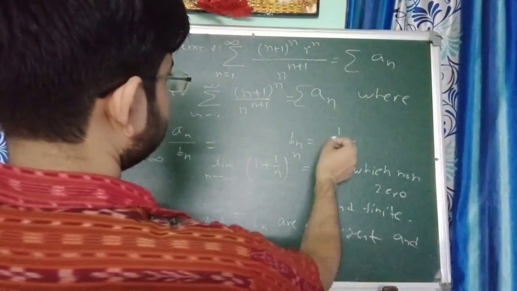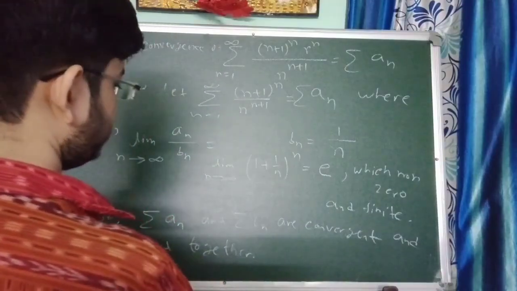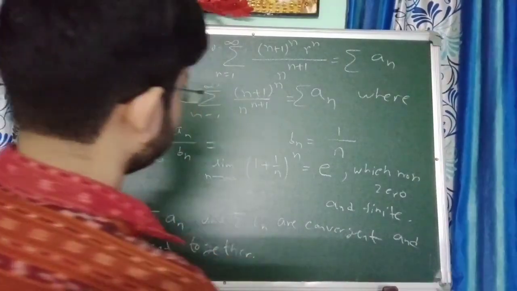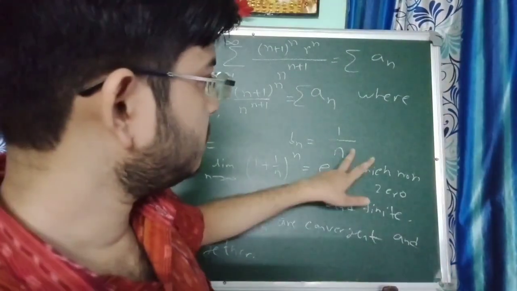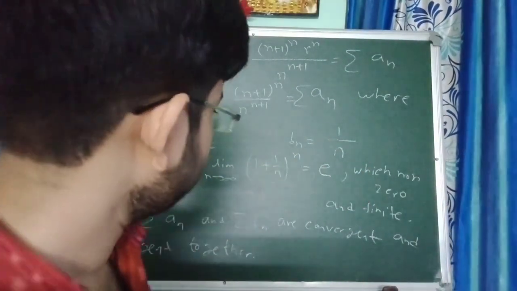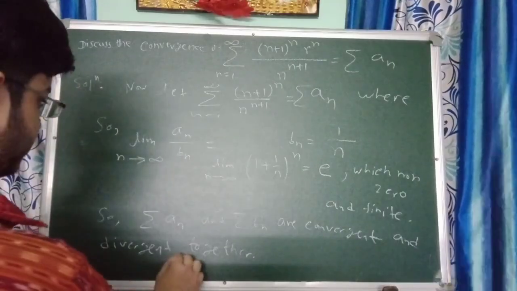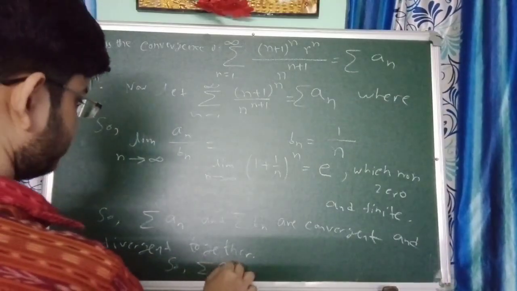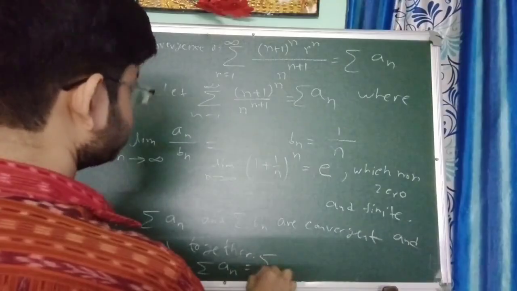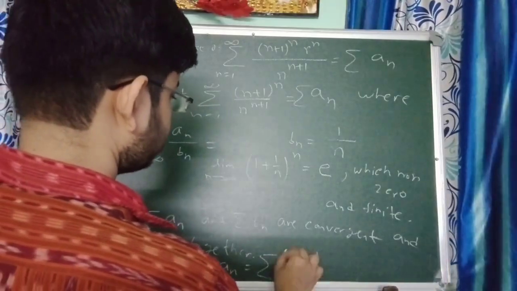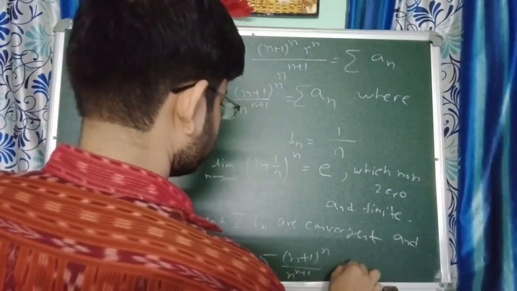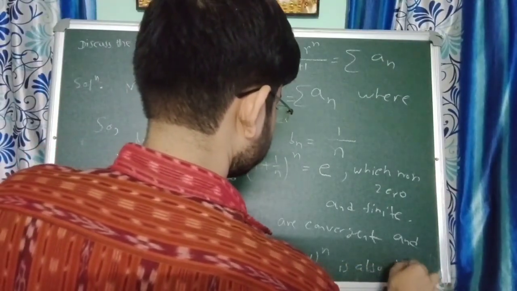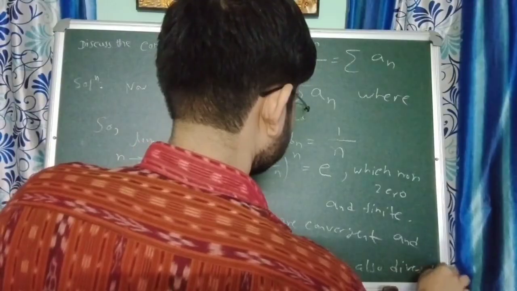Now bn is 1 by n, and we already discussed that summation 1 by n is divergent by the p-test, since here the p value is 1, so this is a divergent series. So summation an, that is summation (n plus 1) to the power n divided by n to the power n plus 1, is also divergent.